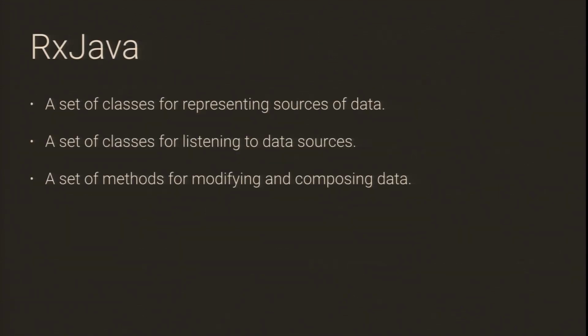Okay, so we looked at the types. Now let's look at the ways that we take these sources and combine and compose them to make interactions with RxJava really powerful.